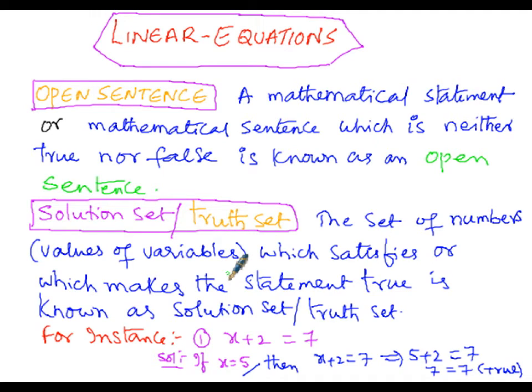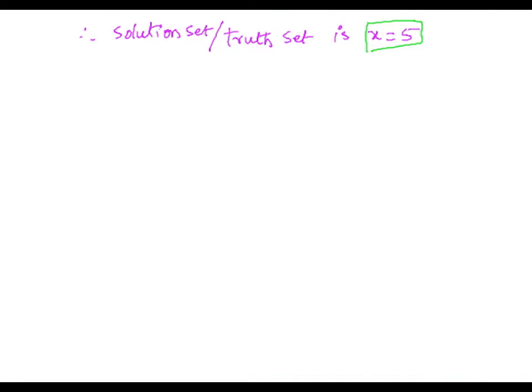So let us perform one more example, that is example number 2. Another equation is 2x plus 5 equals 3. Now the solution starts.